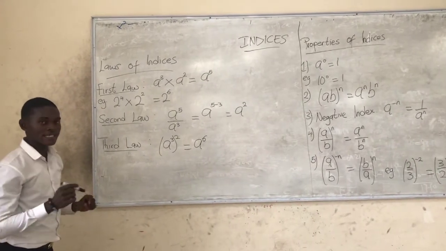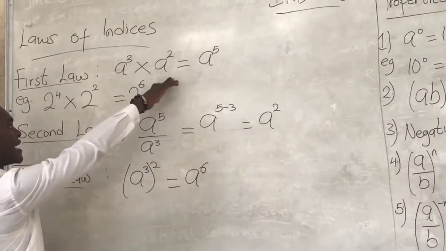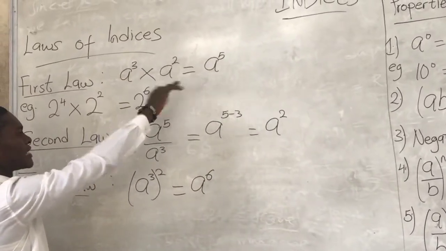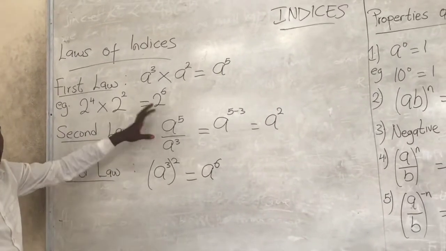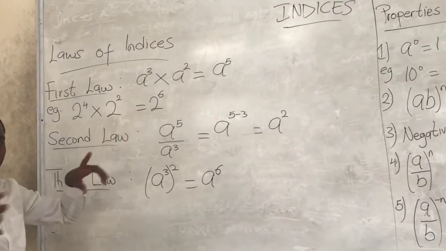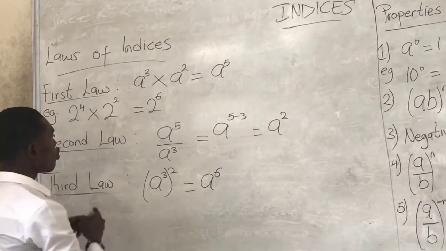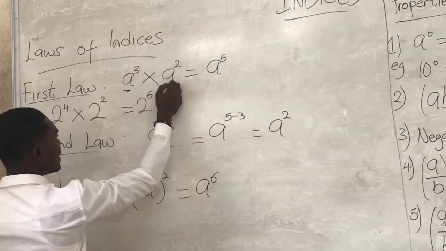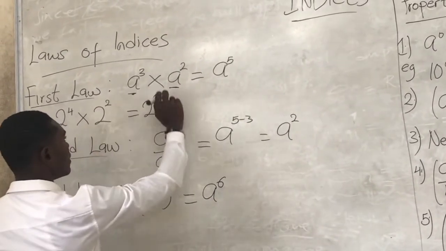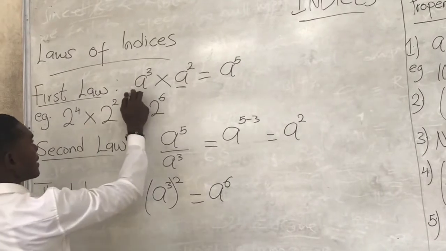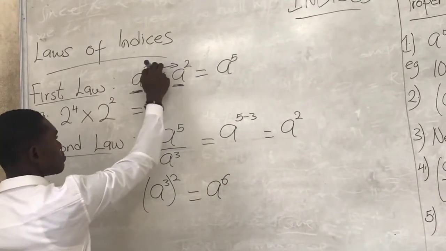The first law says that A index 3 times A index 2 equals A index 5, which means that indices which have the same base, when multiplied, we add the exponents or the indices. So A and A here are the same base. The law says that when the bases are the same, we should add the exponents.